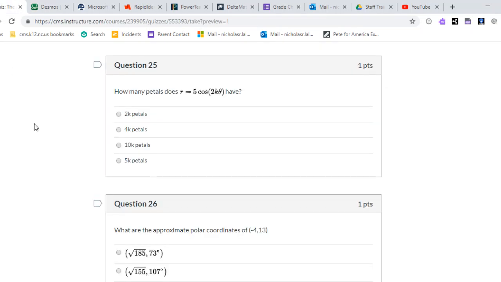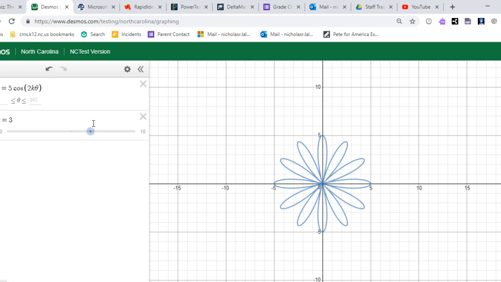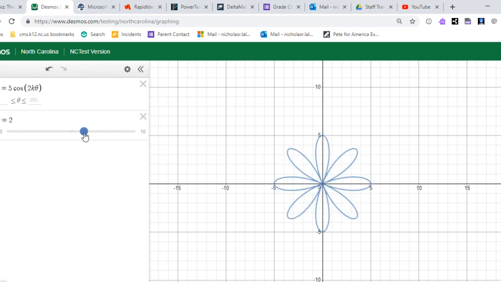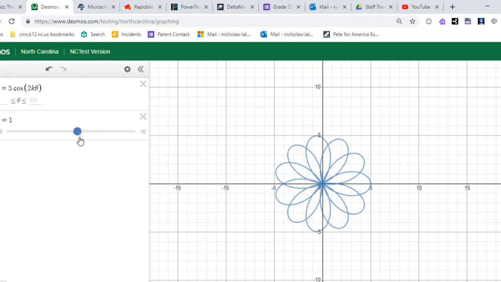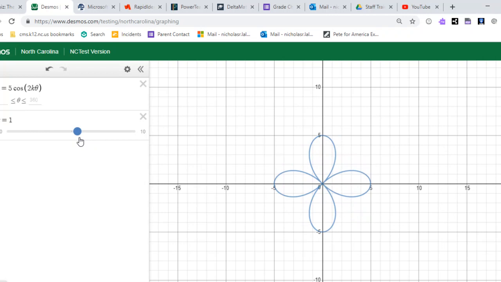So 3 produces 12 petals. 3 times 4 is 12. 2 produces 8 petals. 2 times 4 is 8. 1 produces 4 petals. 1 times 4 is 4.